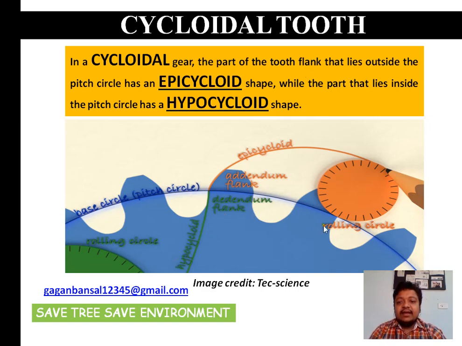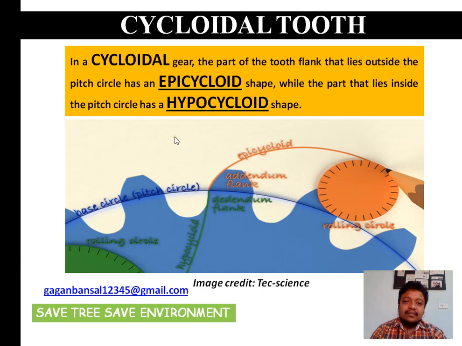So for any gear, if you want to draw, suppose this is a blue color, say we are considering one tooth and this is the pitch circle. If you want to draw a cycloidal tooth profile, this flank, that is the surface above the pitch circle, is formed by the circle rolling outside, that is the epicycloid profile, and below the pitch circle this profile is made, this is hypocycloid.